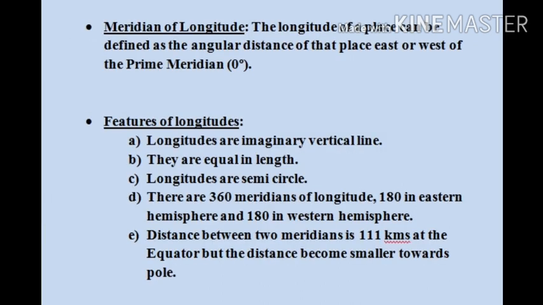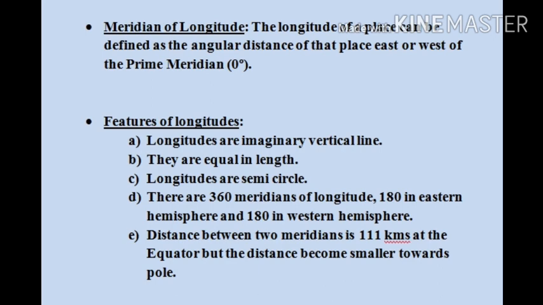So then after we learn about meridians of longitude. So the longitude of a place we can define as the angular distance of that place east or west of the prime meridian, or in other words we can say the imaginary vertical lines which extend from north pole to south pole are known as meridians.